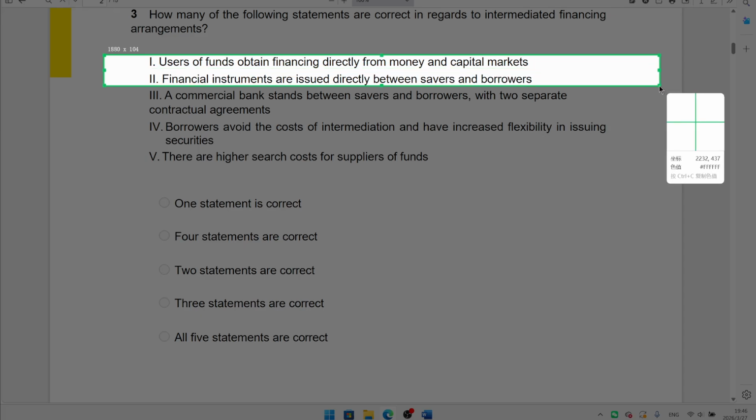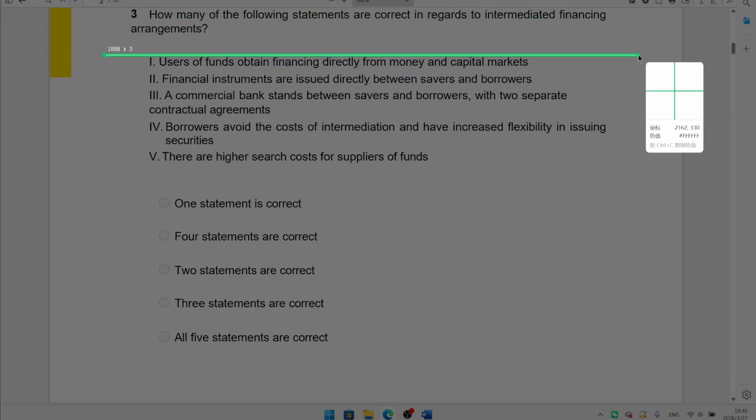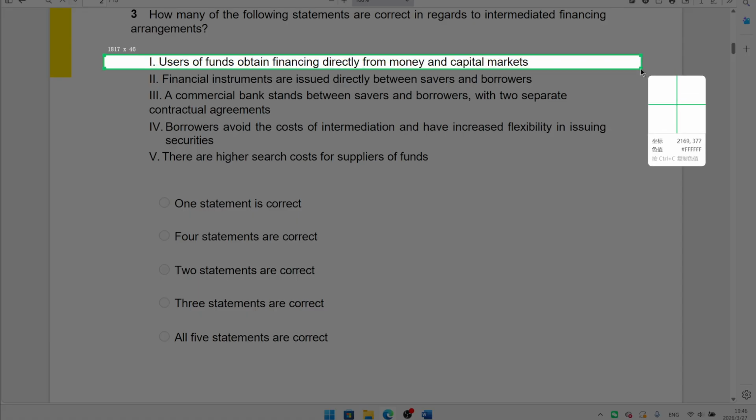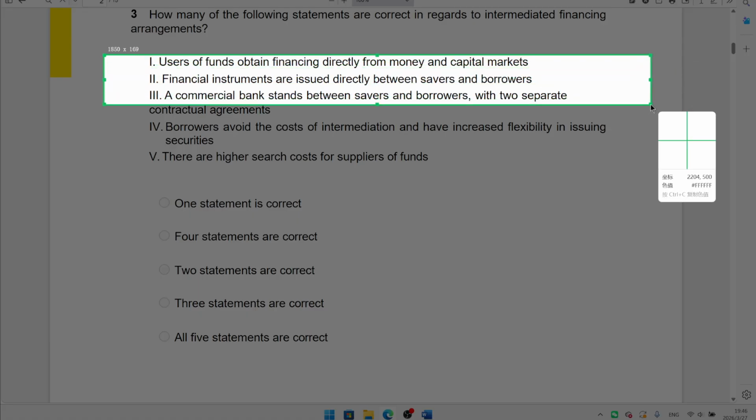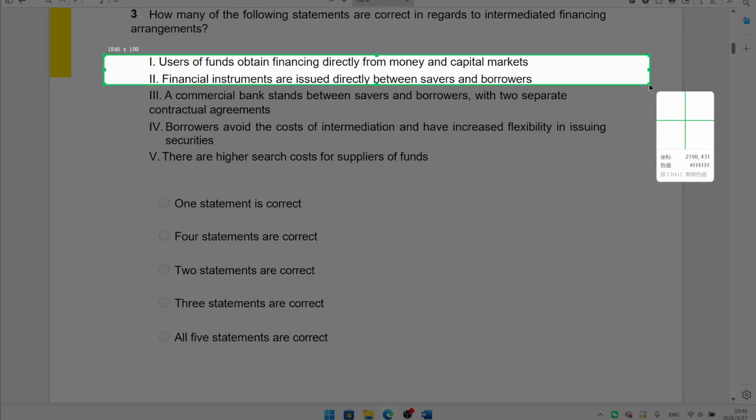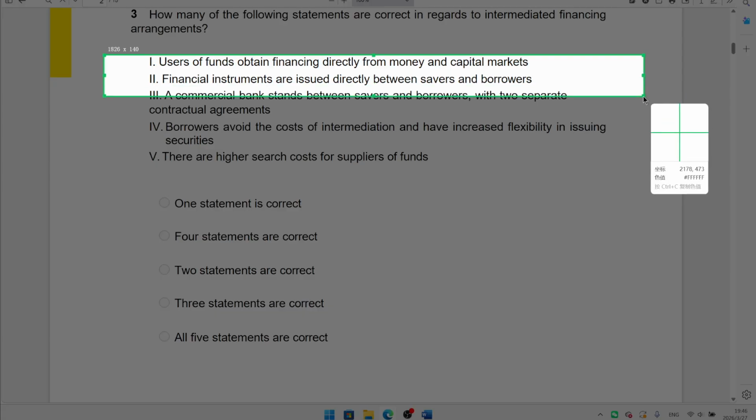No. Financial instruments are issued directly between savers. What is an intermediate financing arrangement? Commercial intermediate financing are issued directly between. No, we need a broker.